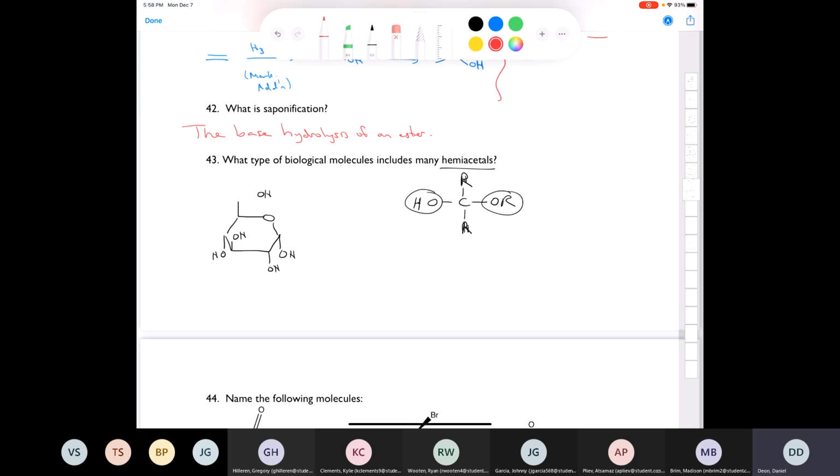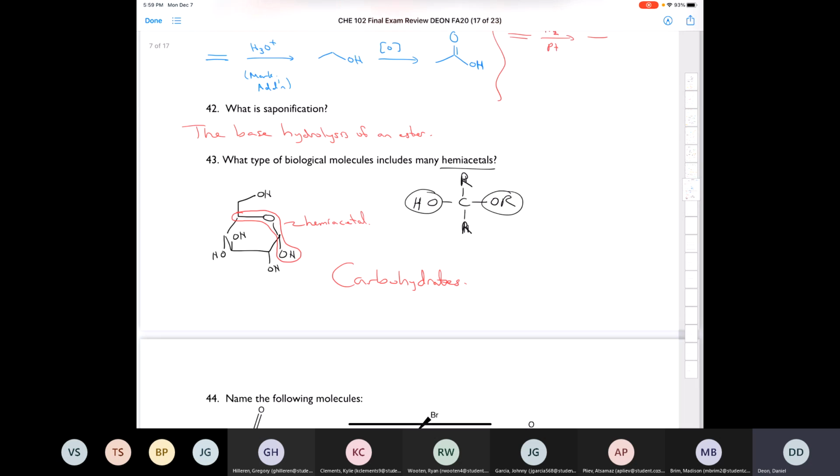If we identify the hemiacetal here, it's on the anomeric carbon, right? You have an ether attached here, and you have an alcohol on that anomeric carbon. This is a hemiacetal, and so the answer is carbohydrates.